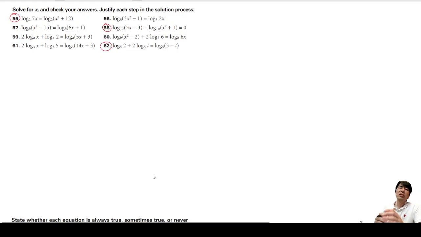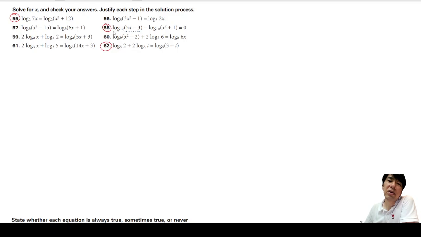Solve for x and check your answers. Justify each step in the solution process. Okay, I said today, one important fact that you have to remember for log equations is that you must check your answer at the end, because depending on the value of x, there's a chance that this number can be either 0 or negative.